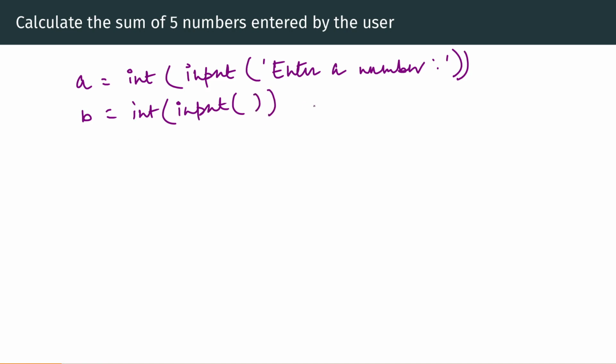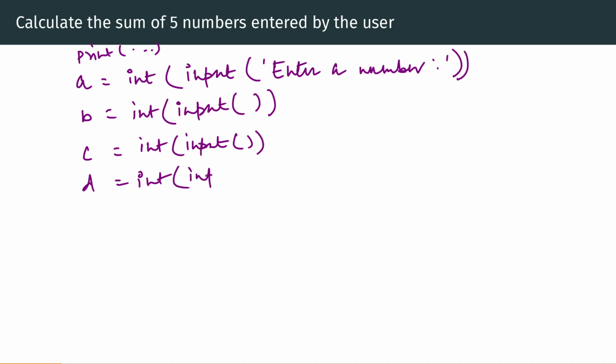So let's assume that you will either say something like enter a number, or you will say print enter five numbers in here. Okay, so the next statement would be C equals int input, right? D equals int input, and E equals int input, right?